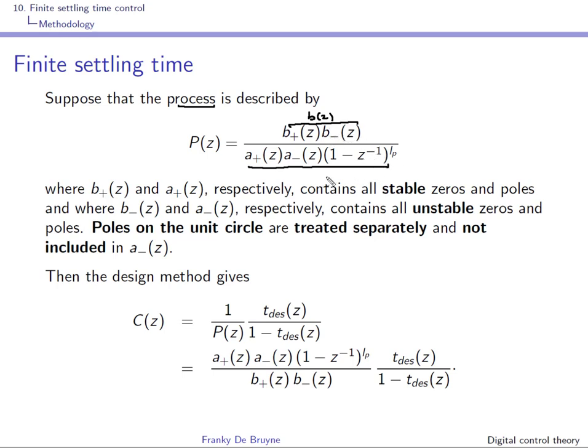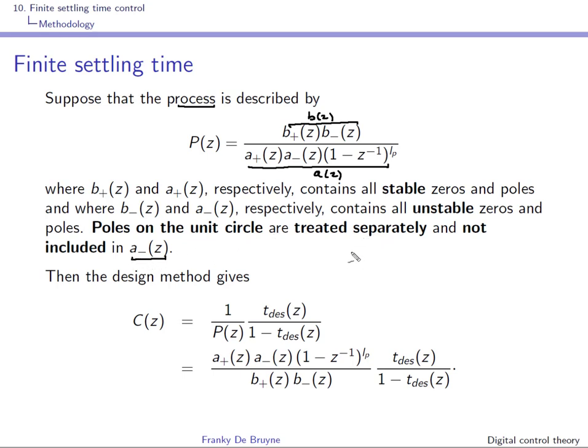But for the denominator A of z, we'll factor it as factors that have zeros inside the unit circle, factors that have zeros outside the unit circle, and then we combine all the roots on the unit circle in this factor over here. So the poles on the unit circle are treated separately and not in the polynomial A minus of z.